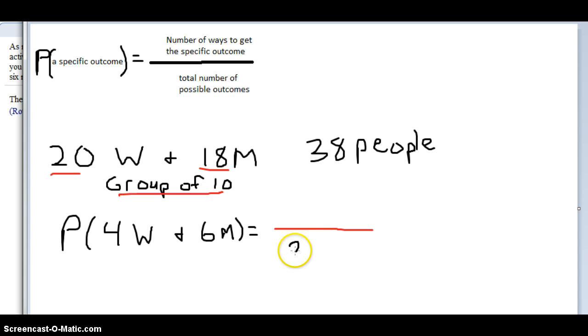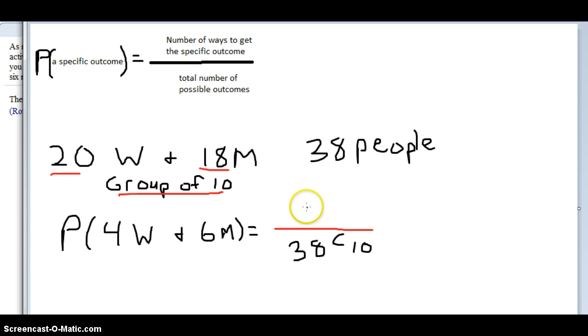And that's what combinations tell us. If we had 38 people and we made a combination of size 10, this number gives us the total number of groups of size 10 if we had 38 people to pick from for that group of size 10.